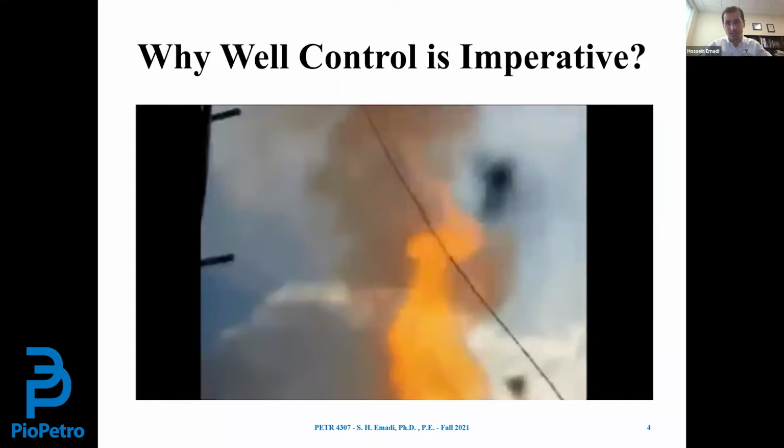No, this is a misconception and misunderstanding of the issue. It can always happen. So you have to be always ready, always vigilant about the well control issue. As a matter of fact, in areas where the drilling crew don't have any information, they are more cautious, more vigilant, and usually these incidents don't happen.